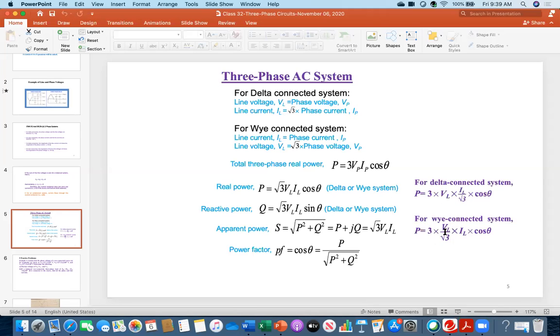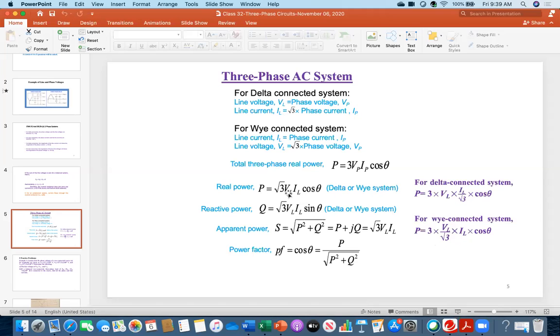So I replaced VP by VL over root 3. Again, you see root 3 here, root 3 here. So root 3 VL IL cos theta. Same equation. So that's why I have written here, whether it is delta or Y, it does not matter. For both systems, real power will be root 3 VL IL cos theta. Therefore, from right now, everybody just memorize this one.